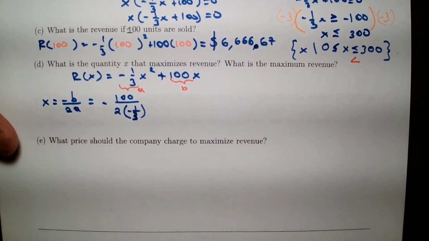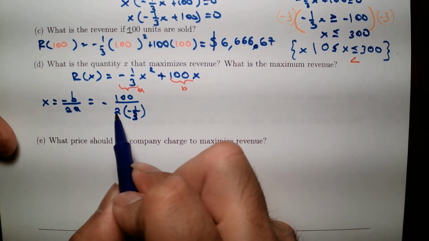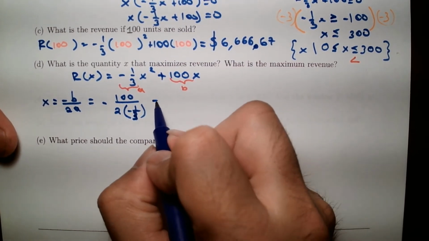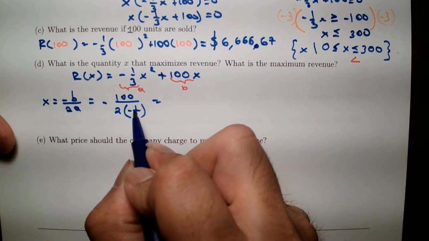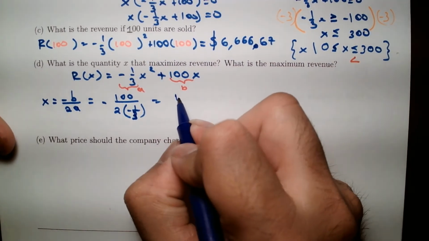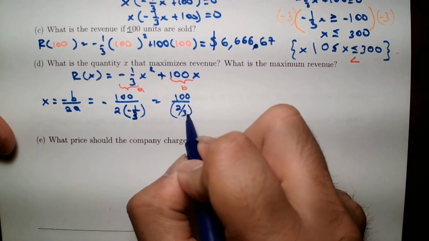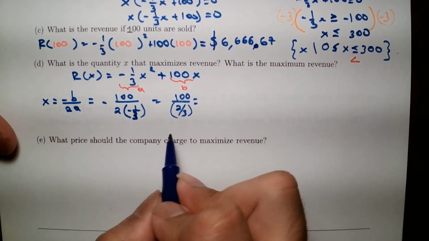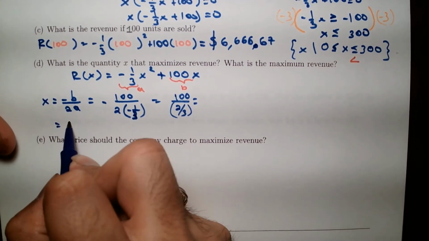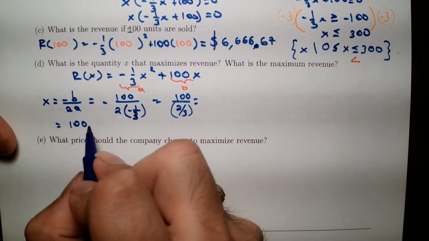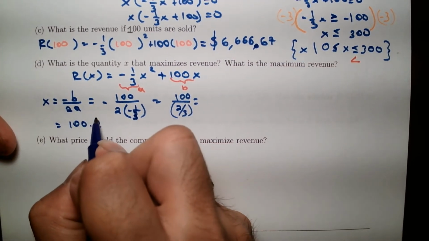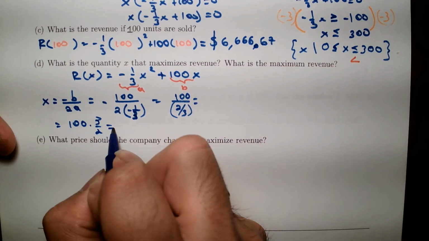So what are we going to do? We're going to take it from here. This is going to be 2 times negative 1/3. Well, actually, negative over negative is going to be positive 100 over 2/3. Keep in mind that dividing by a fraction is the same as multiplying by the reciprocal, times 3/2.